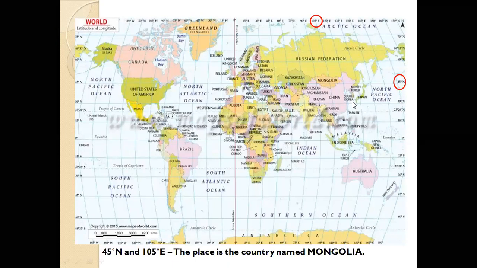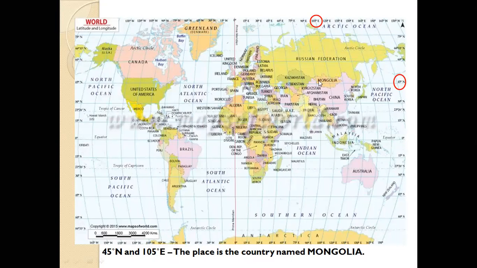Fine. Now let me find the degree on the longitude. 0, 15, 30 degree, and 45, then 60, then 75, then 90, then 105. So these are the degrees, and 45 degree north and 105 degree east is the place. It shows the country named Mongolia.